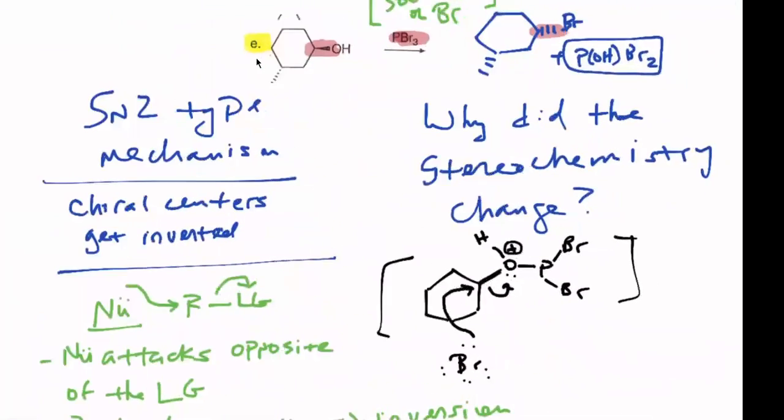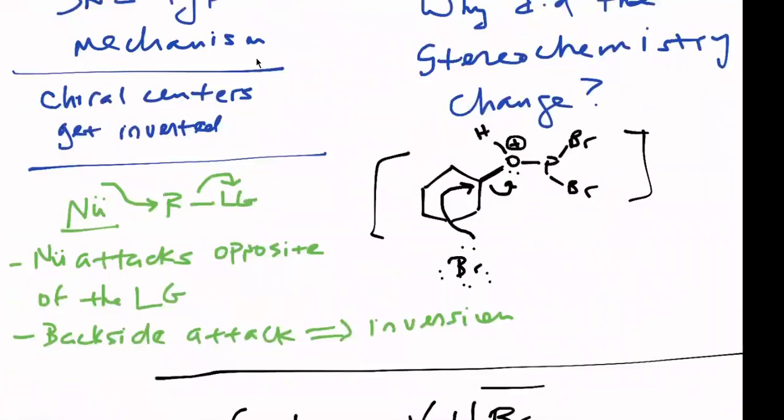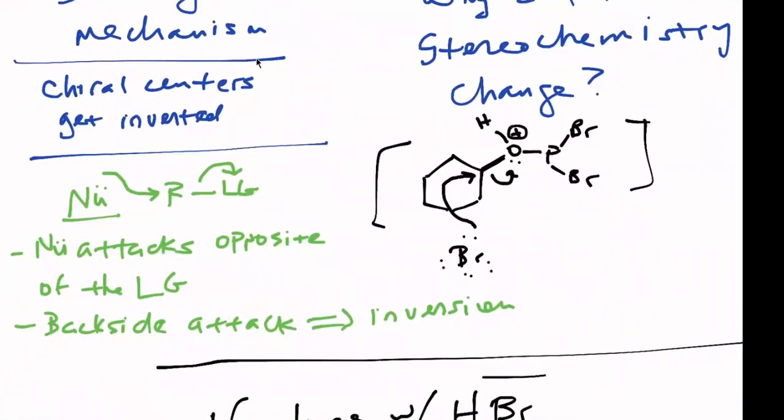All right, we talked about this Wednesday. So for SN2, it's concerted, and the nucleophile is going to come in from the opposite side of where your leaving group is.